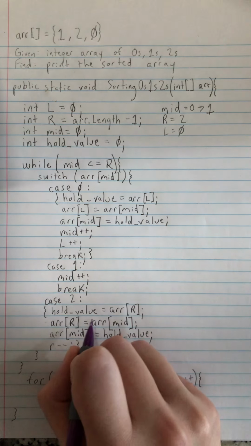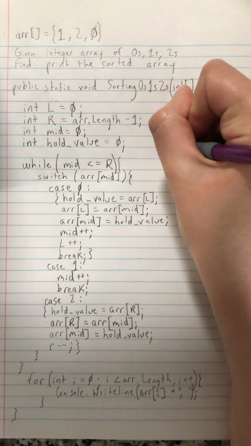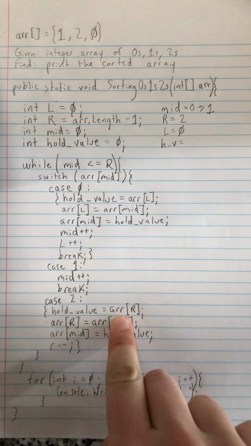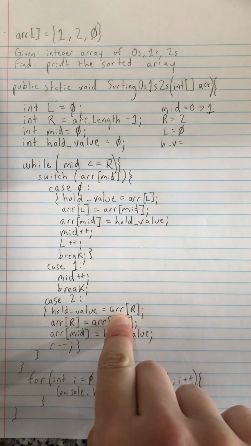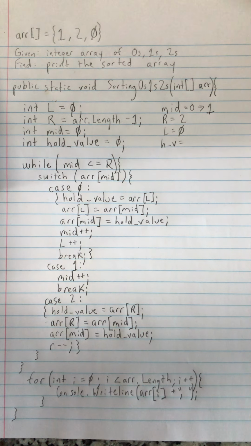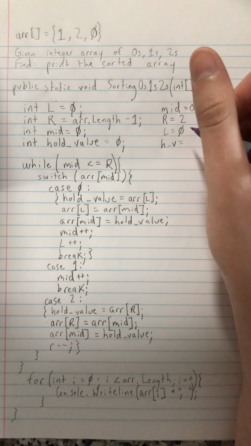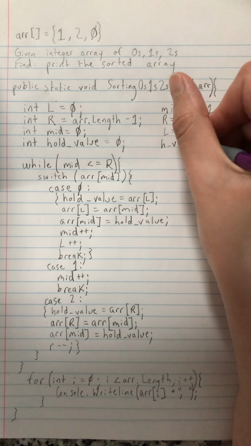We'll enter case 2. Hold value, call it HV. Hold value now holds array of R, so array of 2, the last element. So hold value now holds 0.